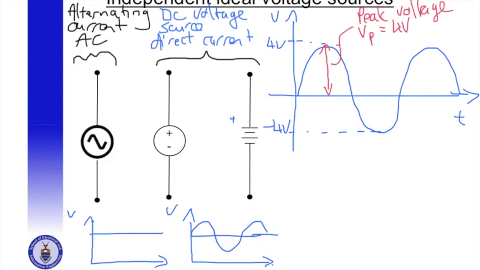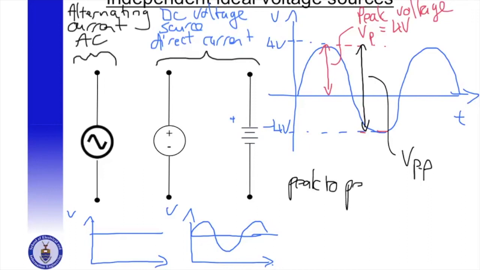But the voltage from here to here, that is called V peak to peak, the peak to peak voltage. And V peak to peak is equal to 8 volts because we measure it from one peak of the sine wave to the next, to the valley of the sine wave.